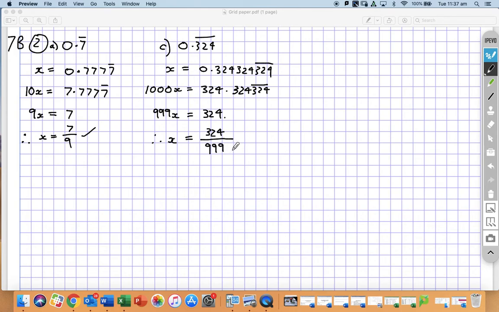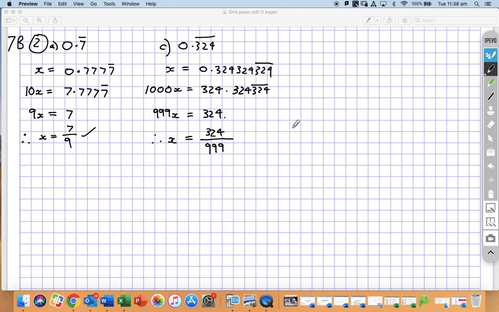Okay, now at this point my times tables aren't great. But I can see that this would simplify, and I'm going to have to do it the long way, I think, although a calculator would be nice at this point. I'm pretty sure these will divide by 9, but let's just divide it by 3.